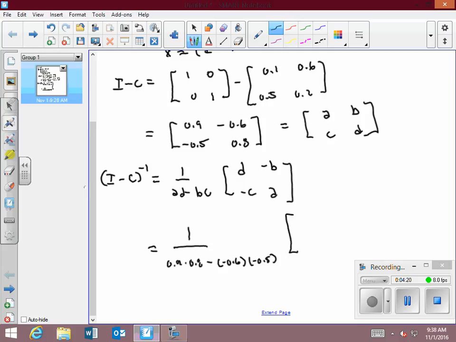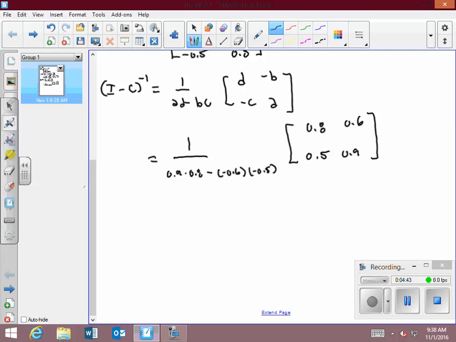And then what you have to do is 0.8 and 0.9, and do a minus of this, so this is going to be 0.6 and 0.5. You just got to figure out this determinant.